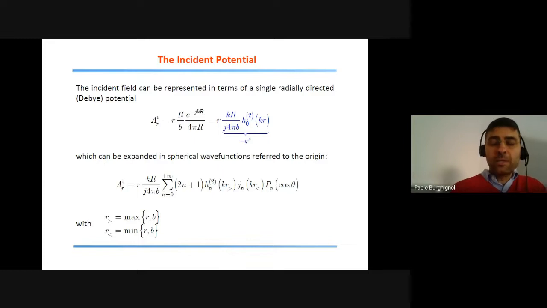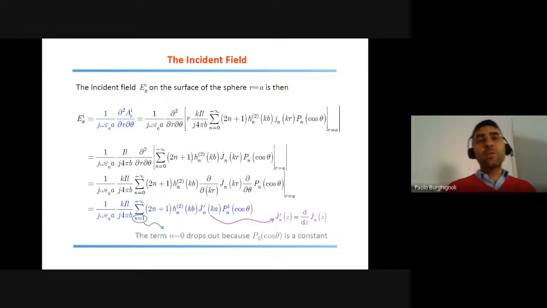We wish to find the scattered field. So to find the scattered field, we should first determine the incident electric field on the surface of the sphere in order to enforce the boundary conditions there. Now, the electric incident field can be obtained by a differentiation process, because as you can see here in blue, this theta component of the electric field is proportional to the second derivative of the radial potential with respect to theta and r.